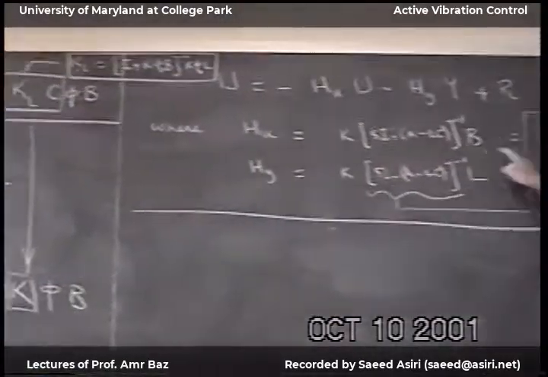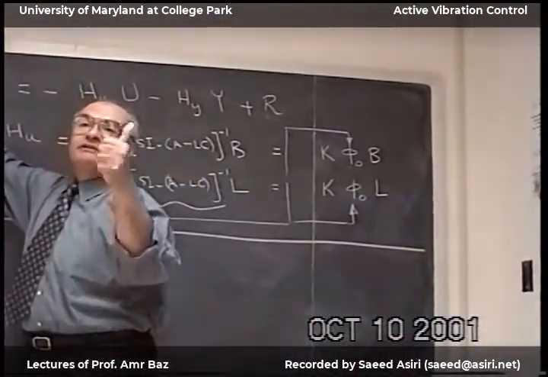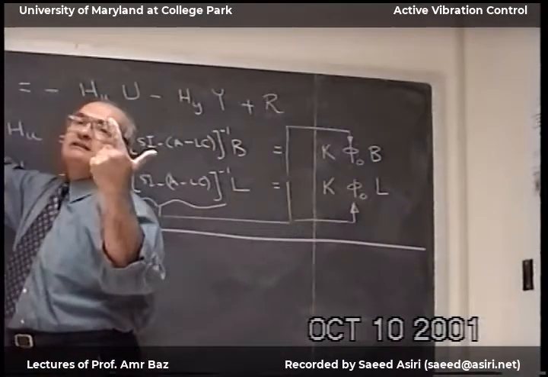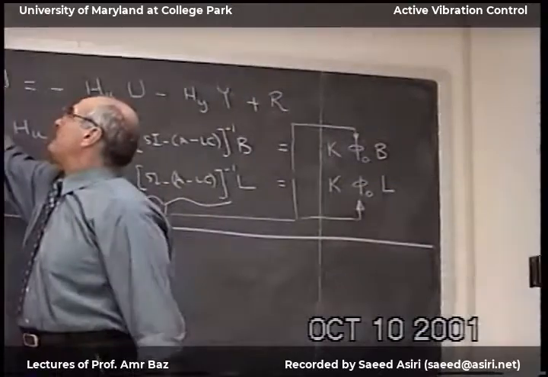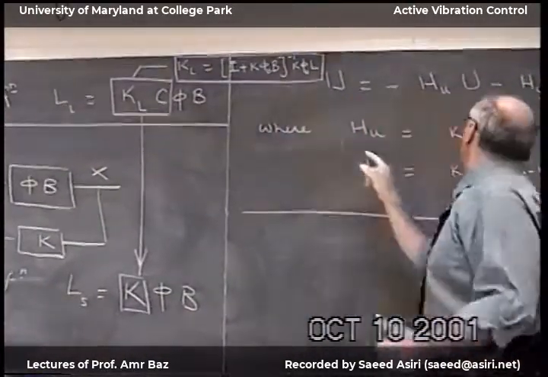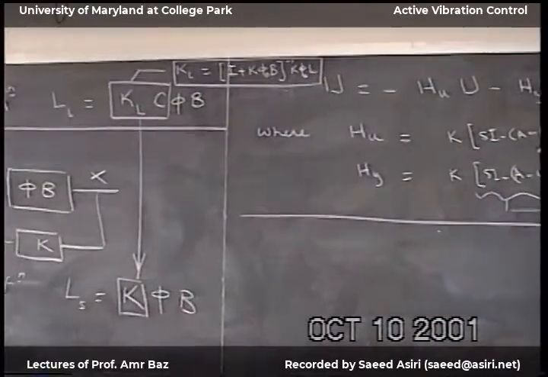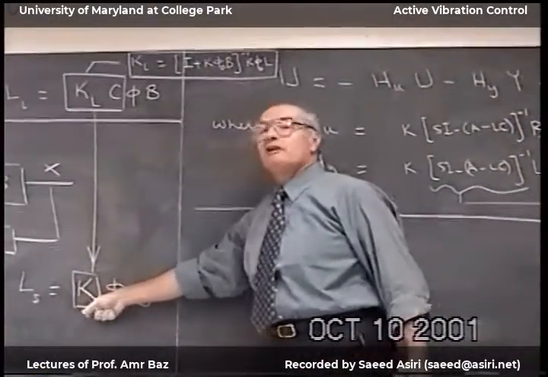So this depends on where we put the sensors and the gain of the Kalman filter. So from here, we'll try to relate where we put the sensor and how much L is to the K of this system.